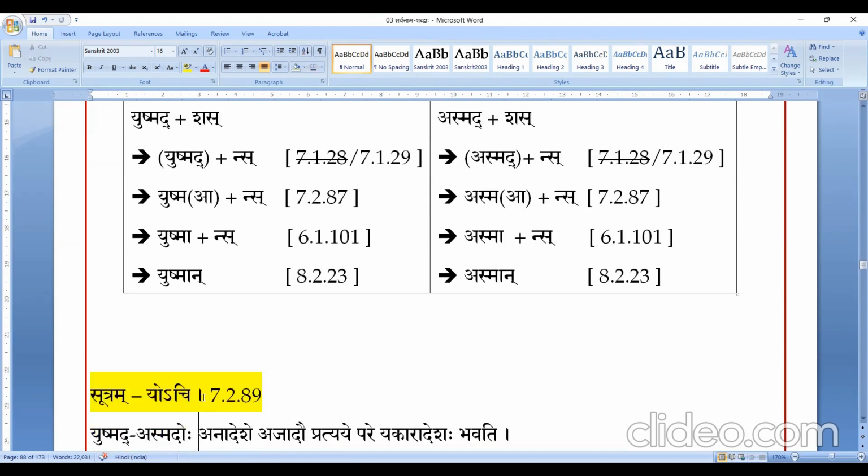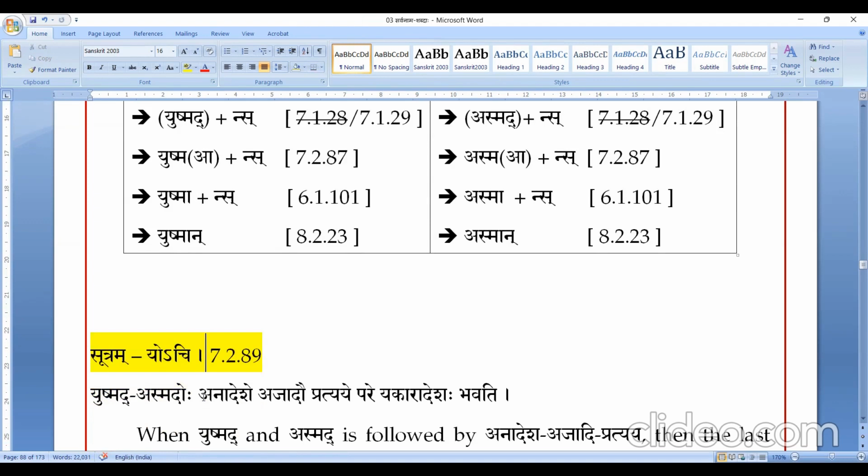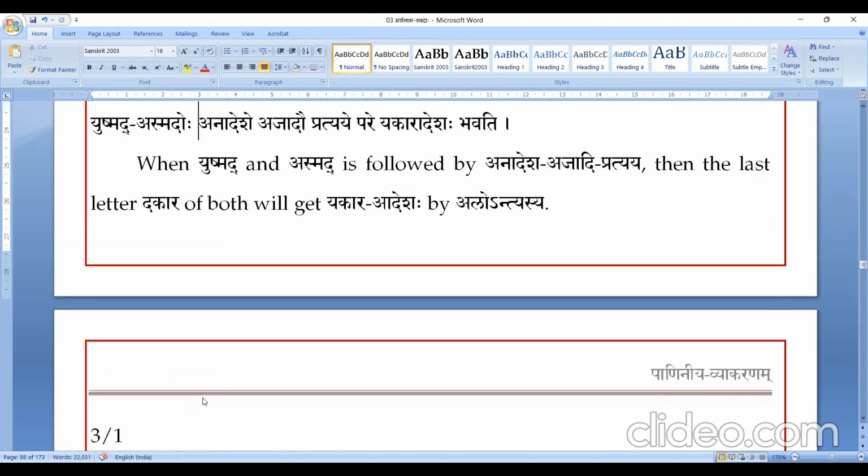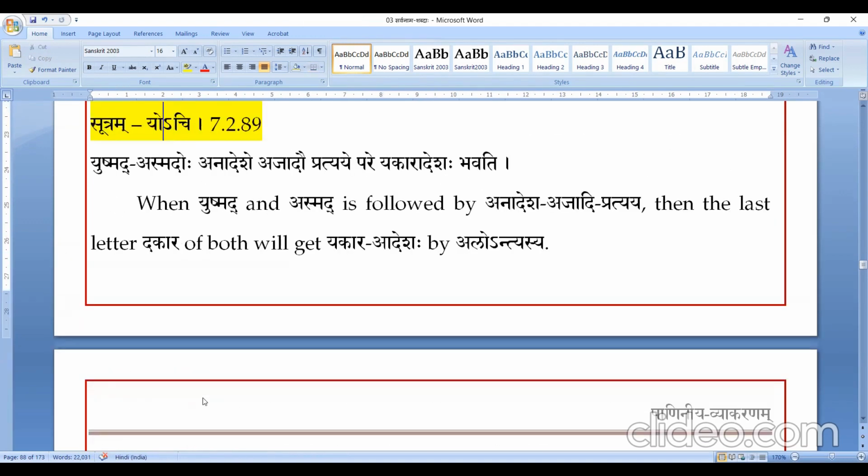Then the next one, 7-1-89. Yatva Adesha, yo achi. Yaha, Yakara is the Adesha. When Ajadi Vibhakti Pratyaya, Anadeshe Ajadi Vibhakti Pratyaya Pare. Yushmad Asmadoho. When Yushmad Asmad is followed by Ajadi Pratyaya, and Ajadi Pratyaya has not got any Adesha, not replaced by any Adesha, then Yakara Adesha Bhavati.